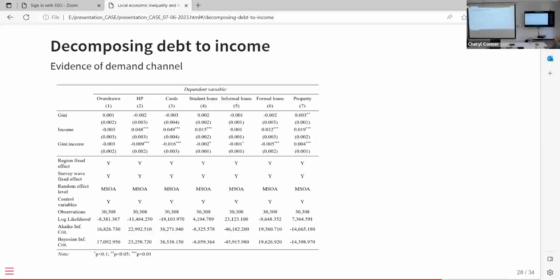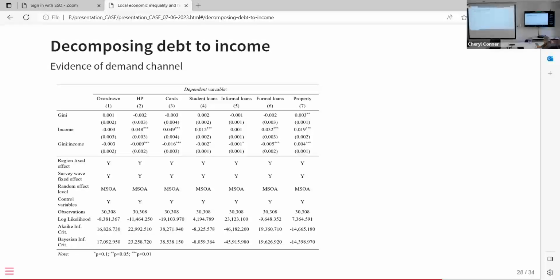So overdrawn, HP is hire purchase, car debts, credit cards, store cards, student loans, informal loans, loans from family or friends, formal loans, so any kind of personal loan from a bank, and then property, which again wasn't included in the main specification, but I'm listing here as a separate item.